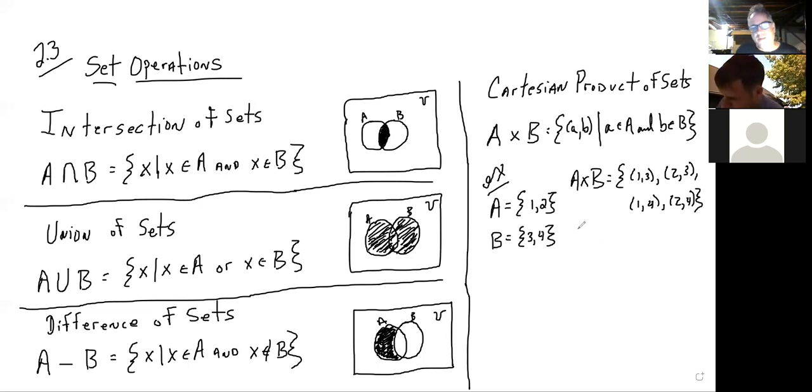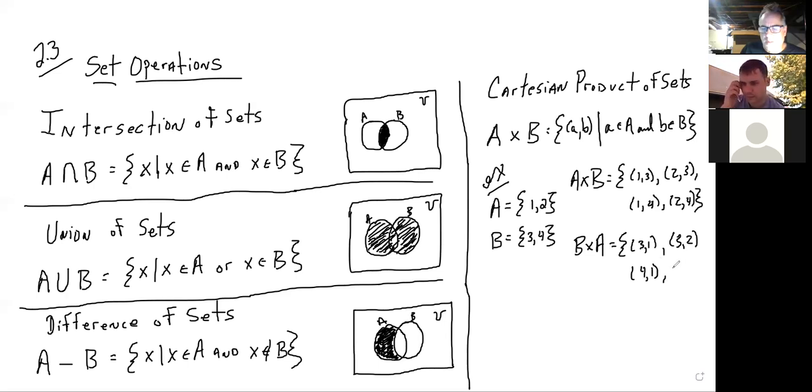Now this would be completely different than B cross A. B cross A would be the ordered pairs 3, 1; 3, 2; 4, 1; and 4, 2.